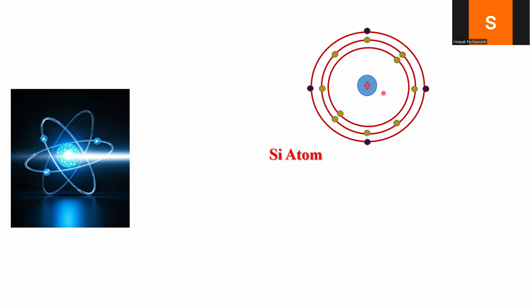The most important point that we need to remember is that in the outermost shell, or the outermost orbit, of this silicon atom, we have four electrons. They are called valence electrons. And this is the most important point that we'll keep in mind.